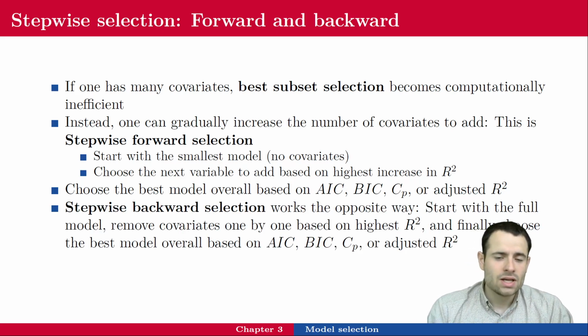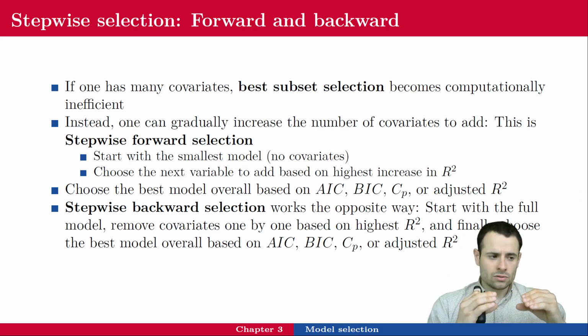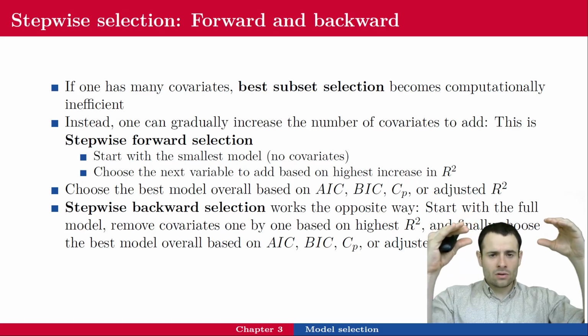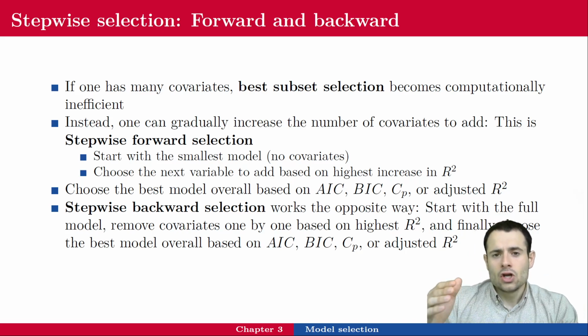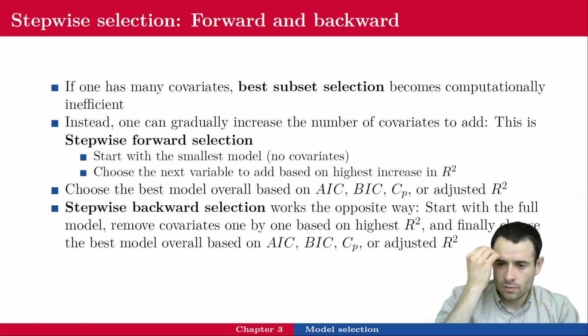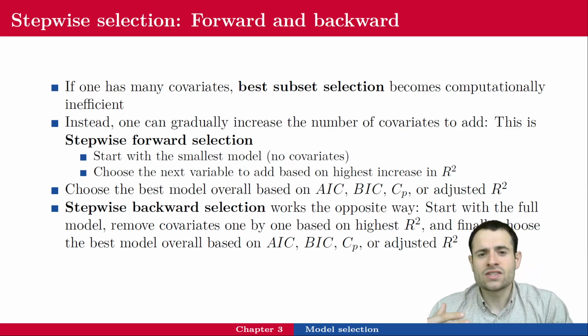Stepwise backward is going to work the opposite way. Instead of starting with a small model and increasing gradually, you're going to start with a very big model, in fact the full model, and little by little you're going to remove one variable. You remove one variable based on the highest R-square remaining. So let's say that you have a model with 5 variables.